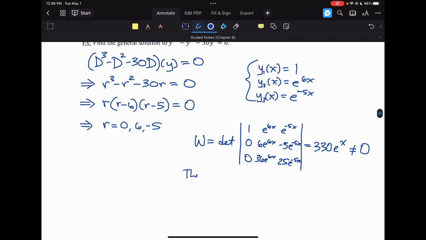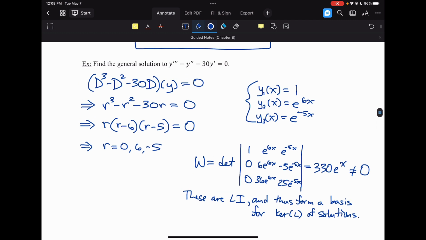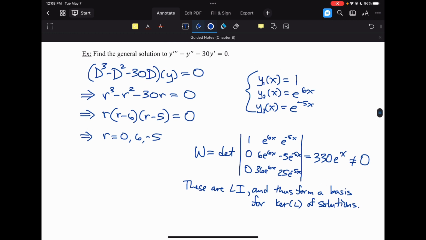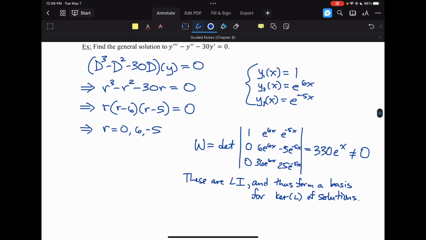Okay, so these are linearly independent, and thus form a basis for the kernel of L of solutions, right? Because the kernel contains all the solutions to this homogeneous differential equation. So because this forms a basis and all of the terms are linearly independent, the general solution will cover any solution to this differential equation.